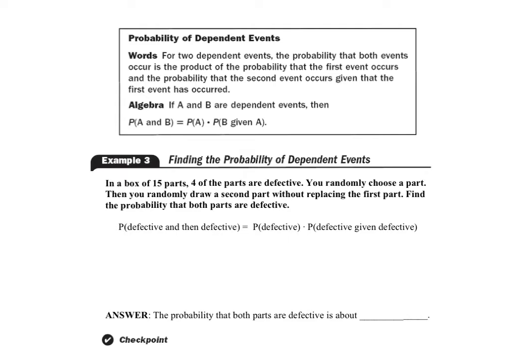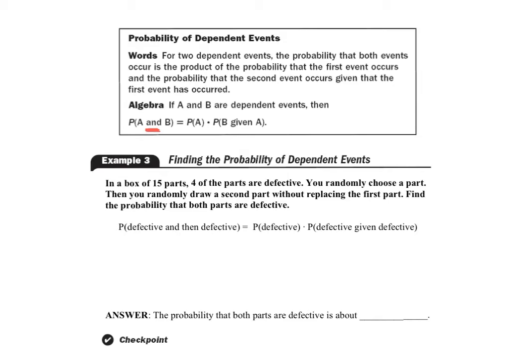All right, now let's take a look at the probability of dependent events. Remember, these are events where the probability of the first event is going to affect the probability of the second event, okay? So we are still multiplying these fractions or probabilities because we are still looking for the probability of A and B happening.